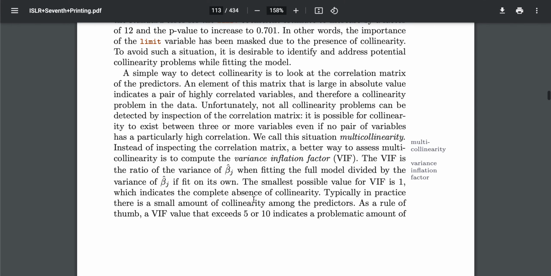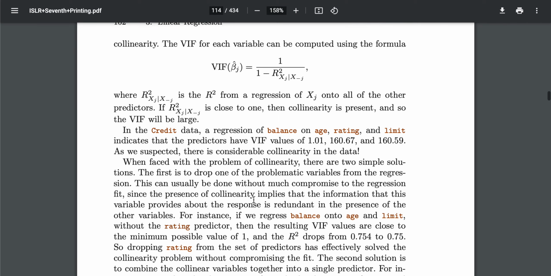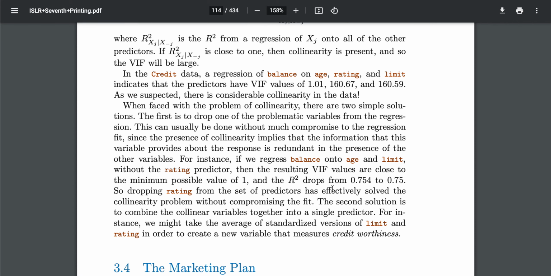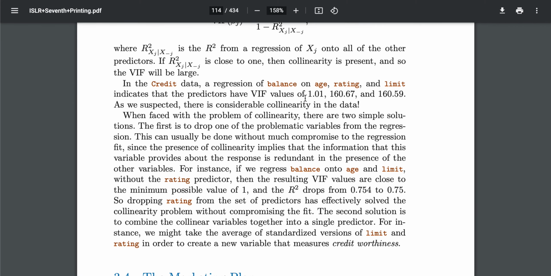Now, if we wanted to look at the variance inflation factor, we see that for age it's 1. So age regressed on rating and limit: the variance inflation factor is close to 1, meaning that R squared is close to 0.